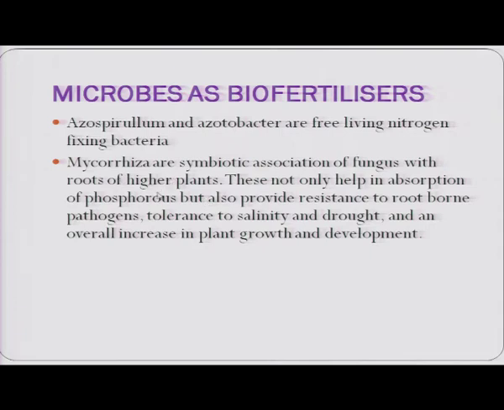These mycorrhiza are again very useful for the plants. They are not only helping in the absorption of phosphorus, which is a very important nutrient for the plant, but also provide resistance to root borne pathogens. The pathogens which can come and infect the roots can be resisted with the help of these mycorrhiza.